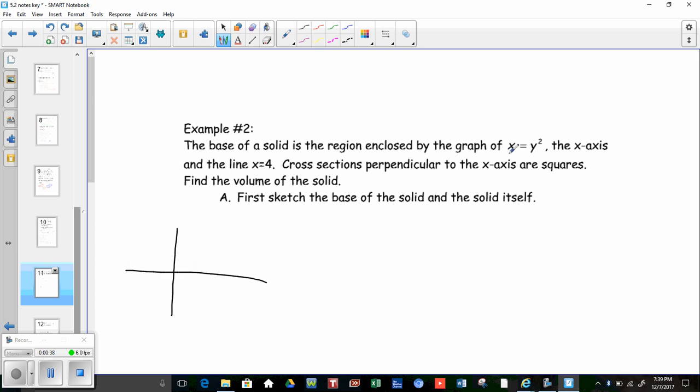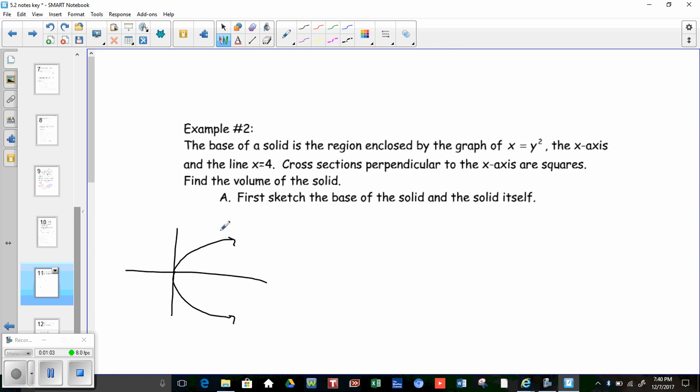All right, x equals y squared is your sideways parabola, and it's also bounded by the x-axis and the line x equals 4. So this is kind of a good one to show here. So here's your sideways parabola. It is bounded by the x-axis and x equals 4.